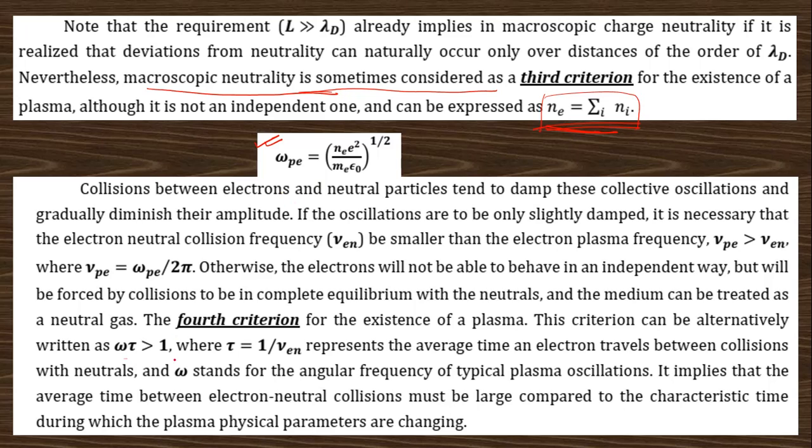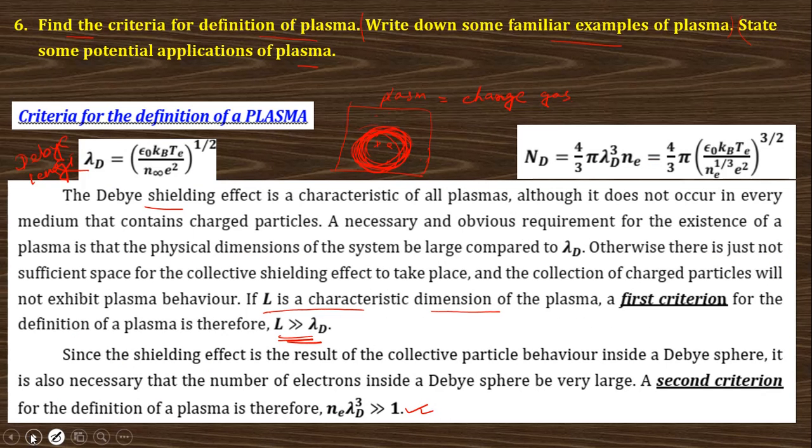Plasma frequency multiplied by tau is very much greater than 1, or the plasma frequency must be greater than the electron-neutral collision frequency. This is the fourth criterion of this plasma. So there are four criteria to form a plasma.